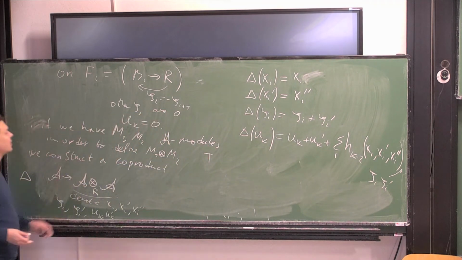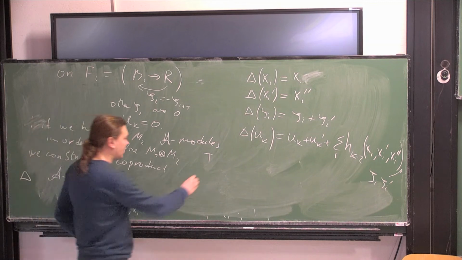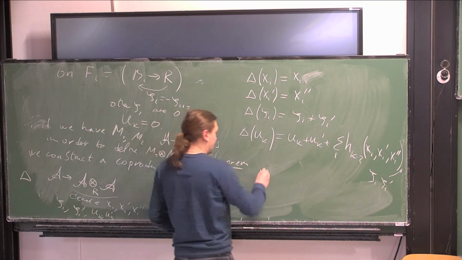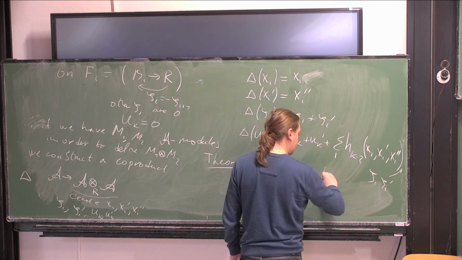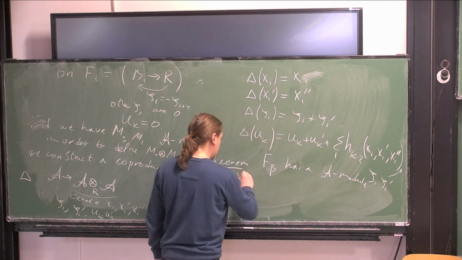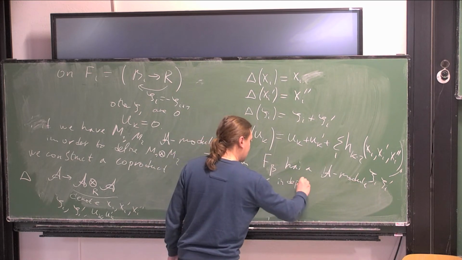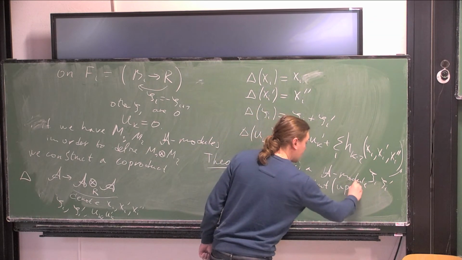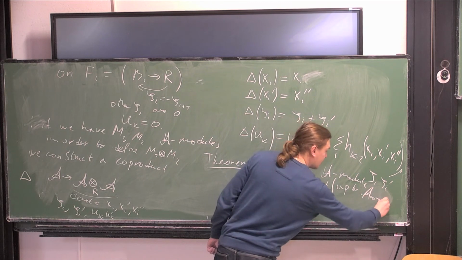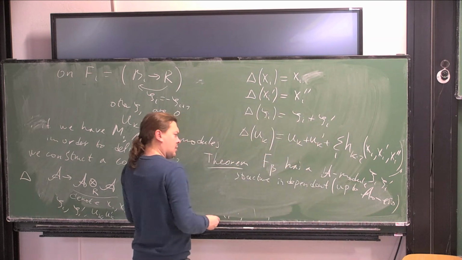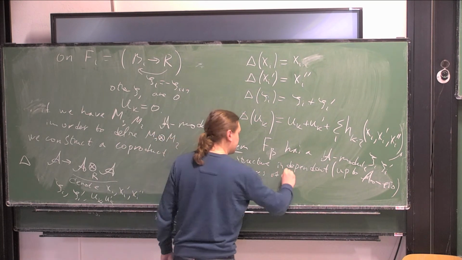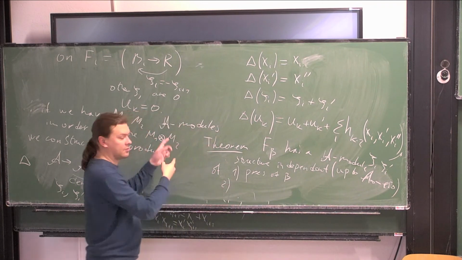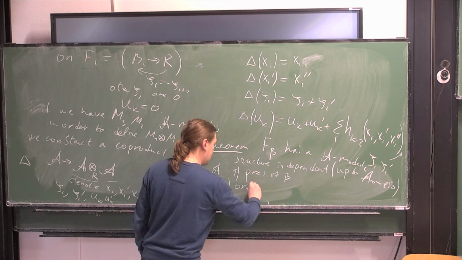So using these operations, we can define the A module structure on any f beta, and then the theorem is that beta has a structure, up to the choice of the presentation of beta, and then the choice you make when you tensor.